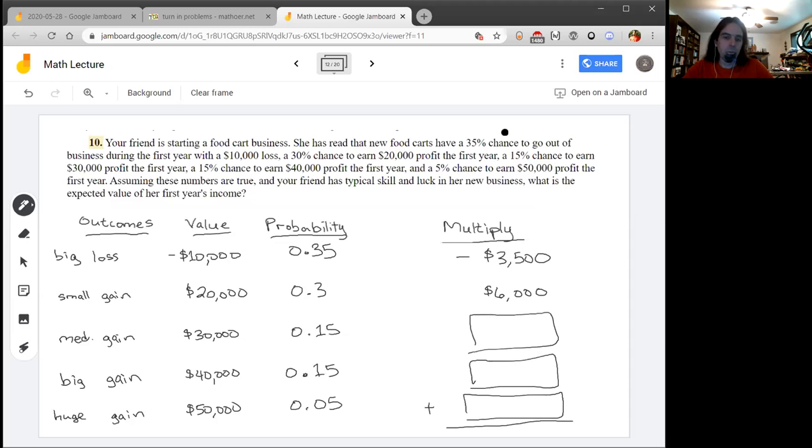That might let you know as a bank how risky a loan is when someone comes up and says, I want to borrow a bunch of money to start a business. Or it might let you as a relative, when a kid or a grandkid or a cousin says, give me some money, I want to start a food cart business, you can know if you have any chance of getting your money back. So it could be a useful kind of thing to know overall, how profitable is this if someone has typical skill.